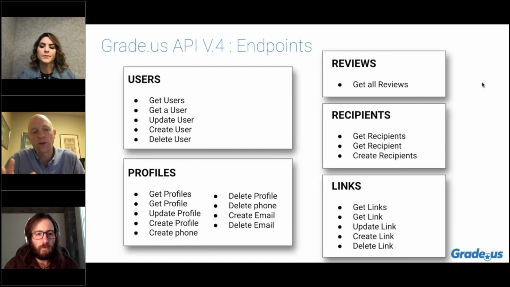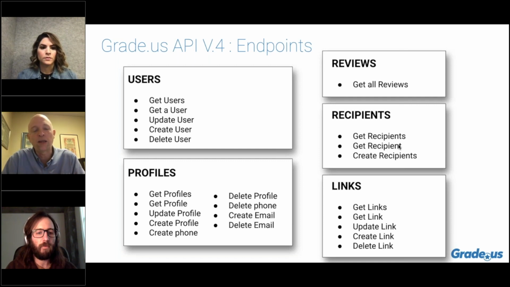But yes, as Garrett said, what you're seeing are all of the current resources that are available, and the design has been around giving agencies and any user of Grade Us the ability to manage their business on Grade Us primarily through the API. Our prior API versions were selective.